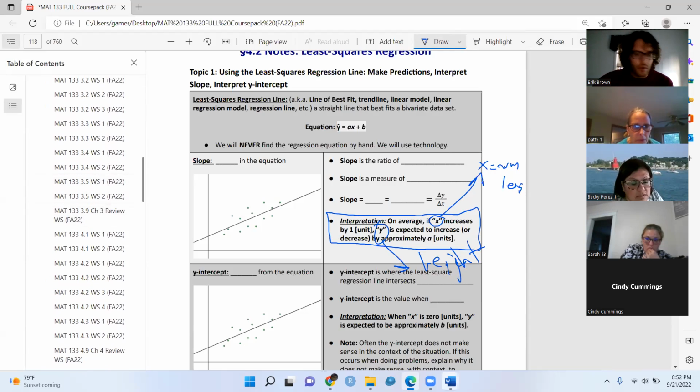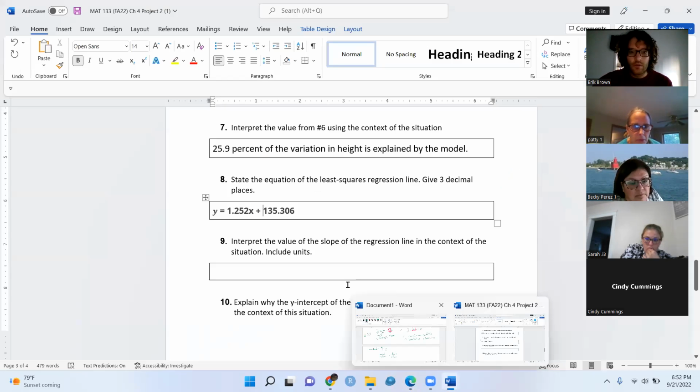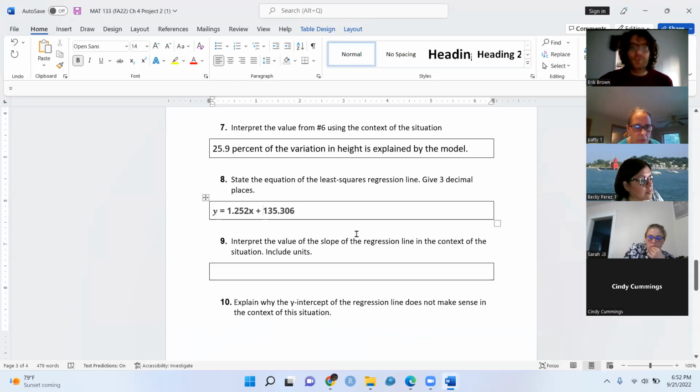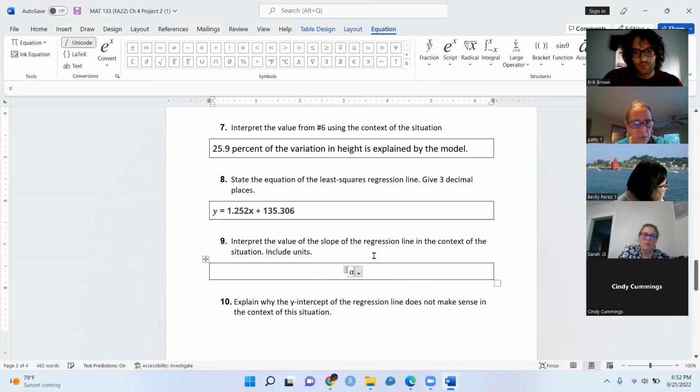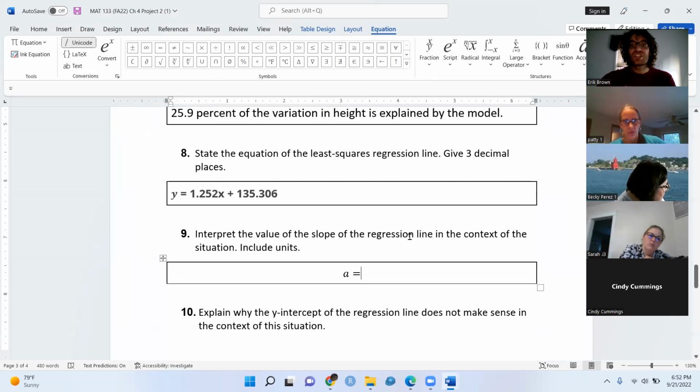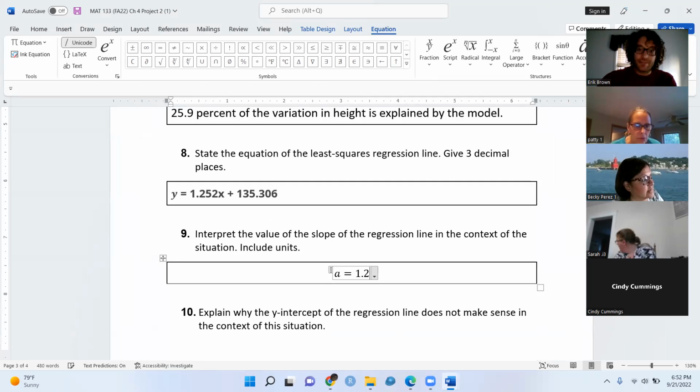So X. First, does everyone know what the number is for the slope? A equals what? 1.252. Nailed it. Slope is always the number times X.